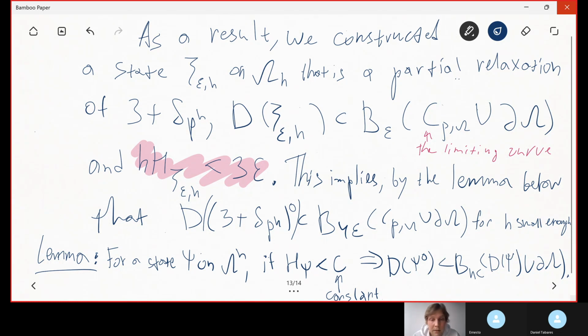And now this inclusion is true by the following very easy lemma, and this is the last thing I'll tell today: if you have any state, not necessarily stable, and usually not stable for this lemma, on this omega h, and then if you know the bound for the toppling function of this state, then the deviation locus will be somewhere near the deviation locus of the original state together with the boundary.